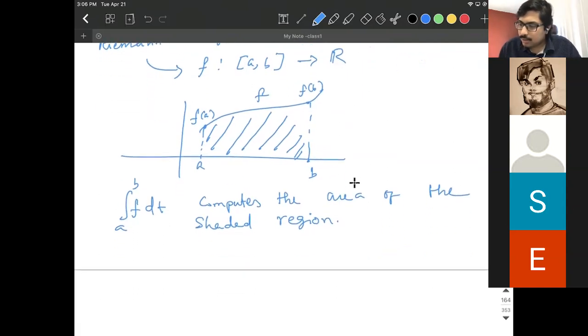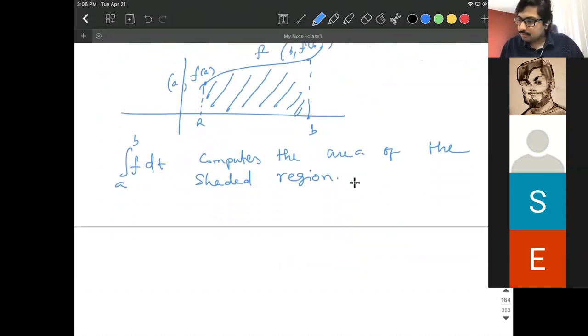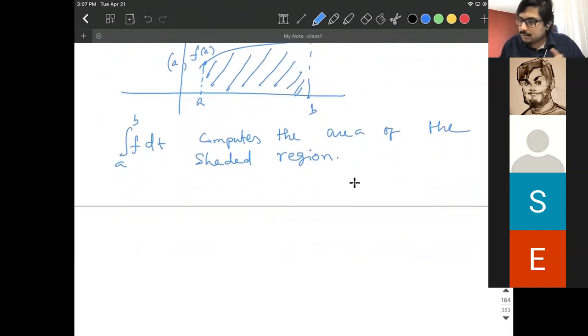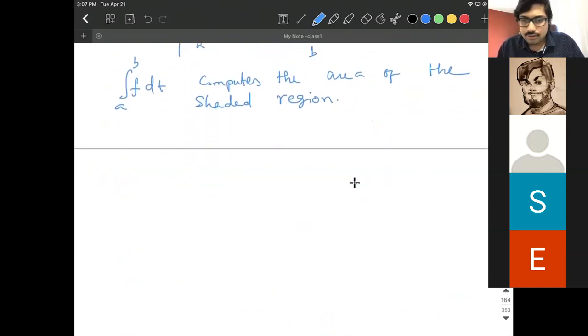Now we want to do something similar for multiple integration. Now let's stick to R2 so that we can draw pictures.